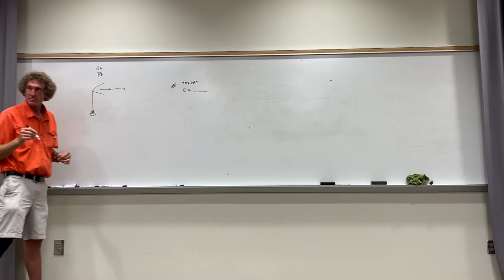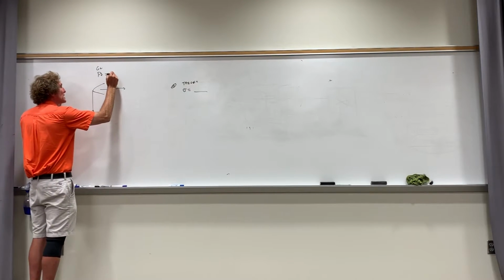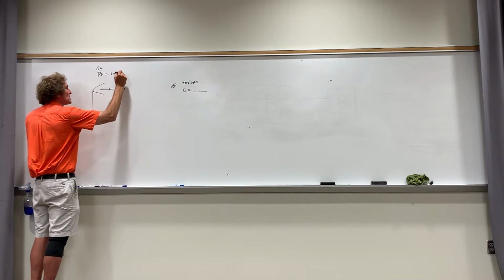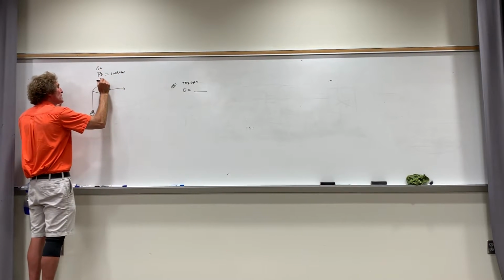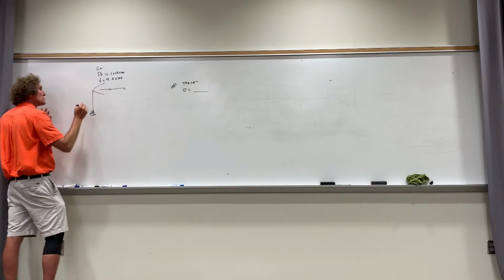Go ahead. Transmitter, 100 kilowatt peak. Frequency 9.4 gigahertz. Antenna gain 32 dB.